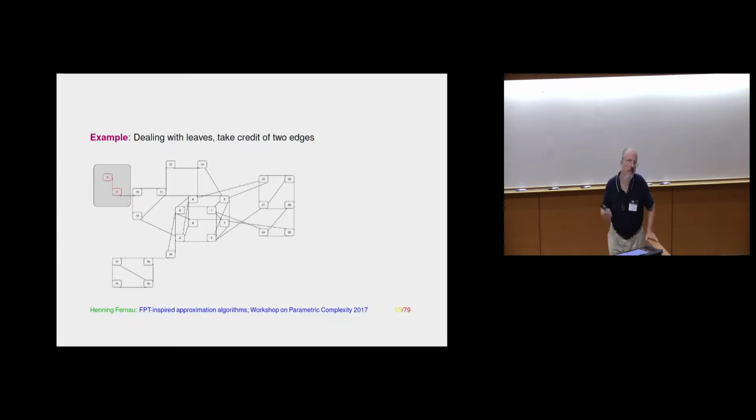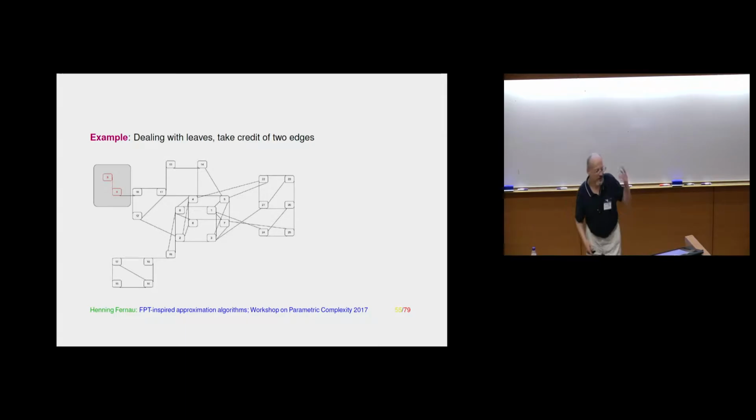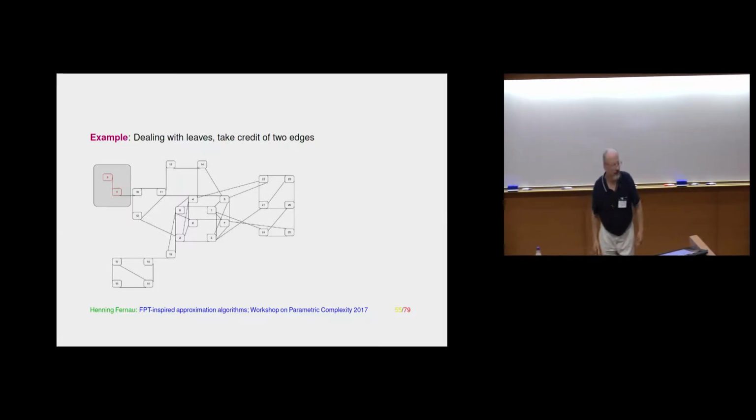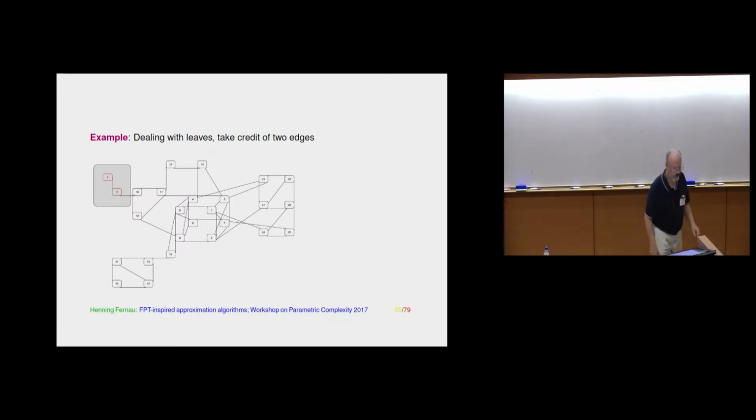Everybody who is familiar with vertex cover, and I didn't bother to explain or define this problem at all, will notice the very first rule that I try to apply there, the degree 1 rule, right? Or if you want to be more generous, something like folding, like a ground rule. Here, this guy should be in a minimum vertex cover.